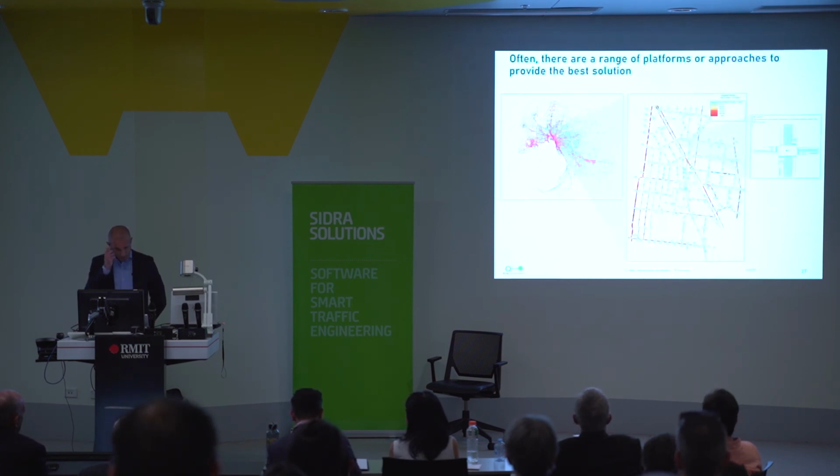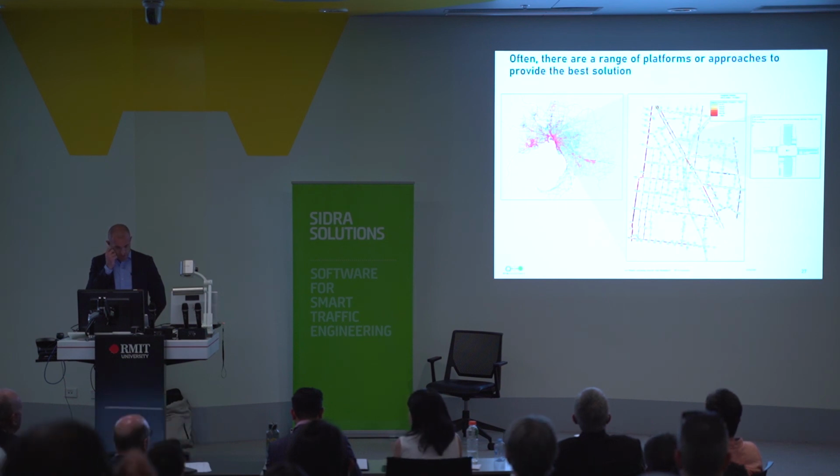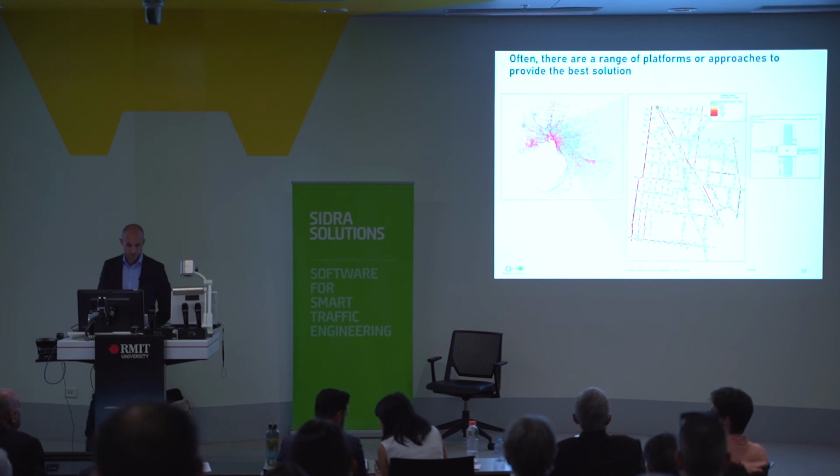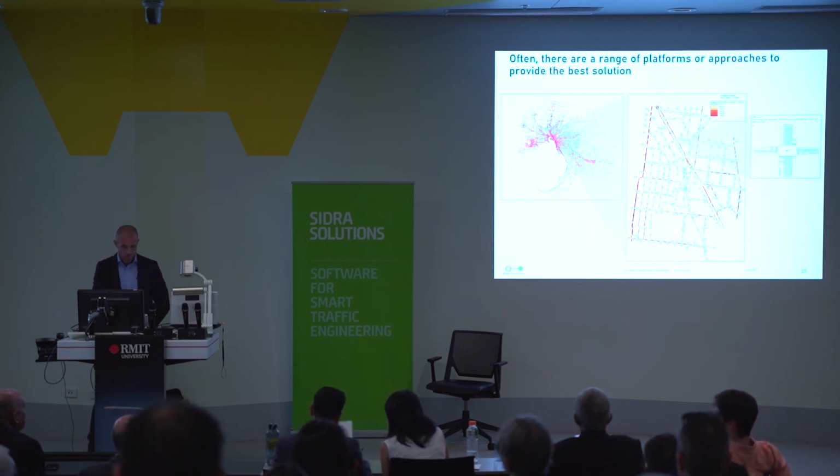The final quick example, well, I've got a couple of examples, is we often do use multi-layers of models to assess them. So we can use a range of software platforms. In this case, we used the Victorian Integrated Transport Model. We developed a mesoscopic model. I think this was for one of the level crossings.